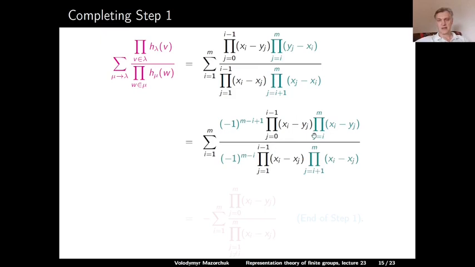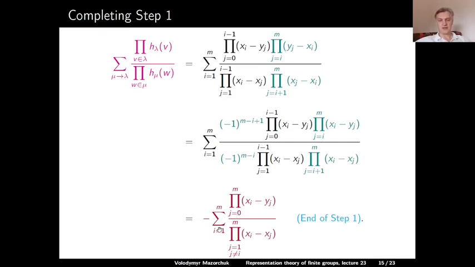And now we can collect these products into the same product, both in the numerator and in the denominator. And the factor of signs will just give us one minus sign in front of the whole thing. And we get exactly the expression as provided by the first step of our strategy.